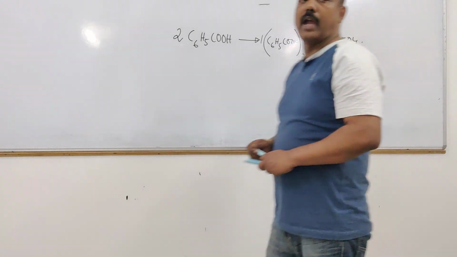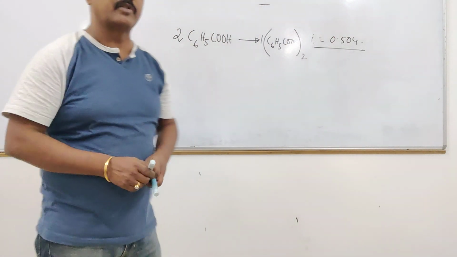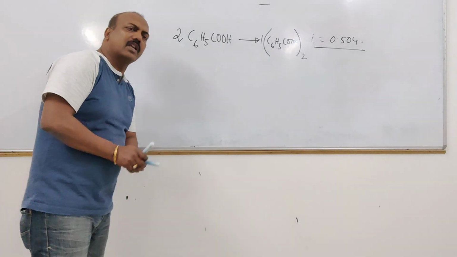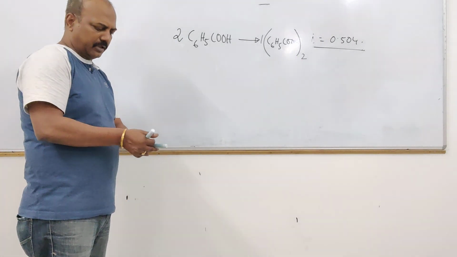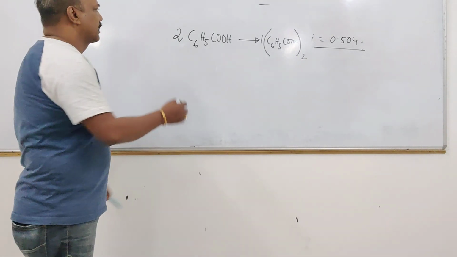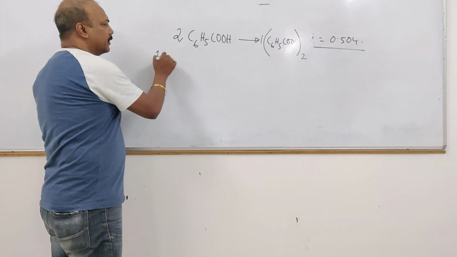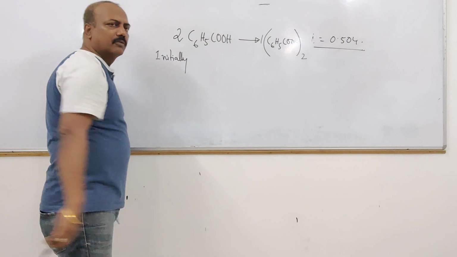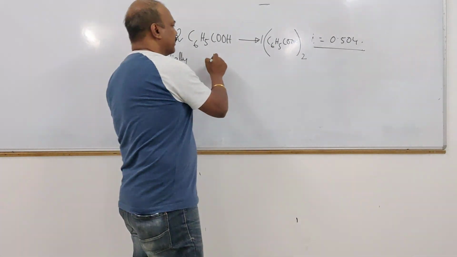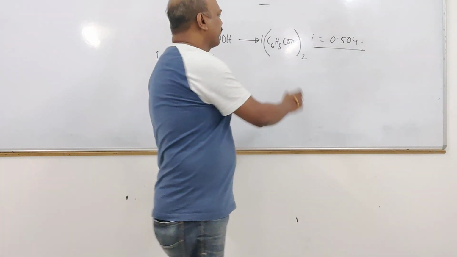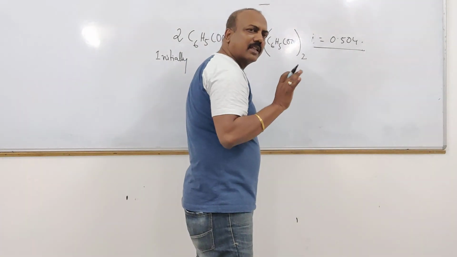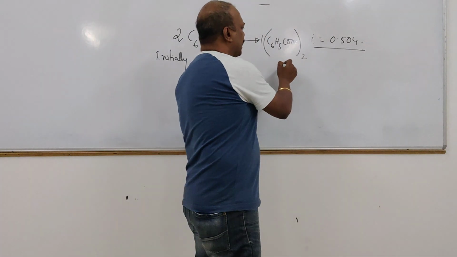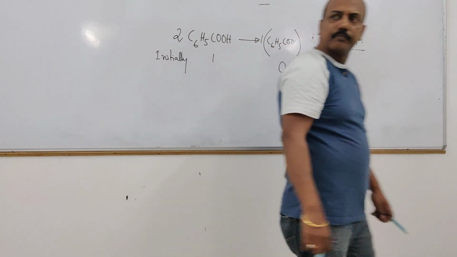Now, as we have done in the chemical equilibrium chapter, we are going to write just 2 lines simply. Initially, if you can remember, we started with 1. This was 1, and obviously initially, when the dimerization did not take place, the amount of the dimer was 0.